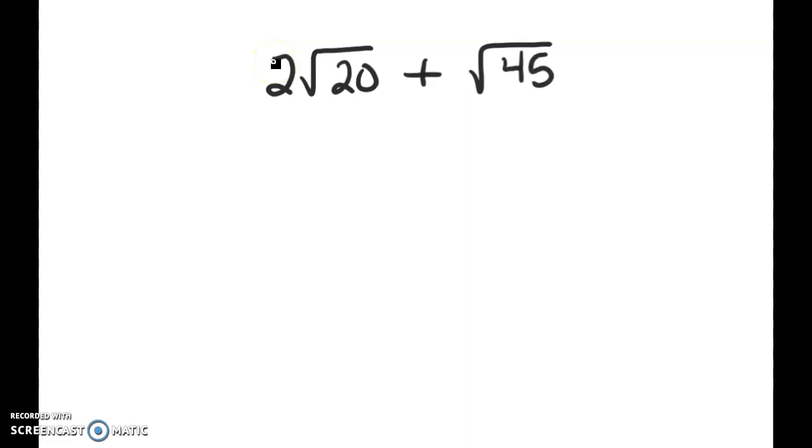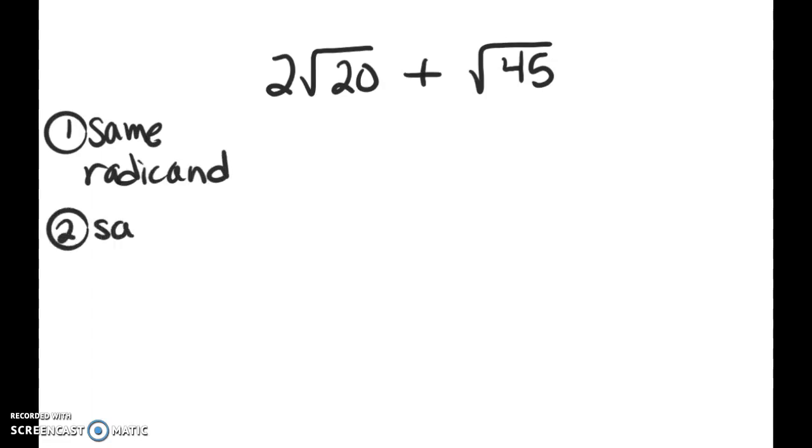So for example, if you had, let's say, 2 times the square root of 20 plus the square root of 45. And when you're adding or subtracting, this is only for adding or subtracting, the only way that you can add radicals together is if you have the same radicand and the same index.